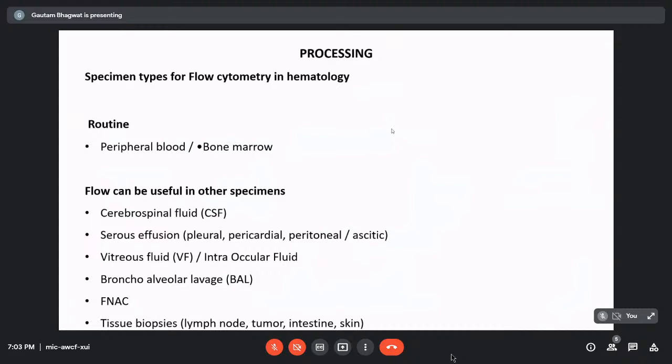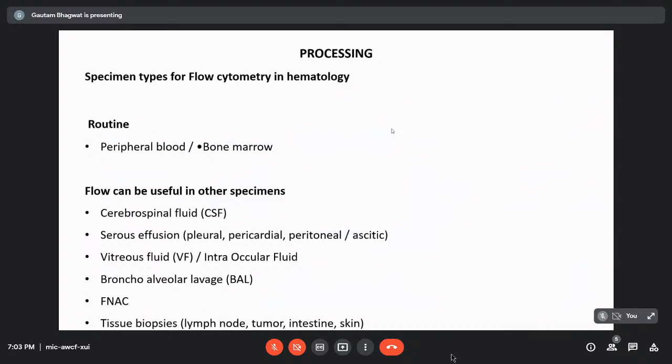So what kind of samples do we get in the hematology lab? Routinely we get the peripheral blood and the bone marrow, because this is the cell suspension that would carry most of the hematological diseases. Apart from peripheral blood or bone marrow, there are certain other fluids which we can receive, because the malignant tumors tend to metastasize to these organs.